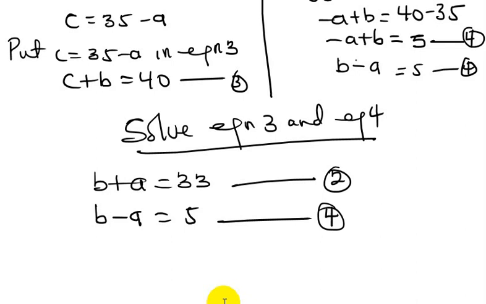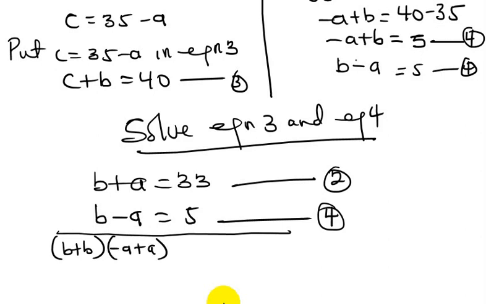So I will add. I will be getting B plus B, then minus A plus A, equal to 5 plus 33, which is 2B, then this one will be 0, equal to 38.